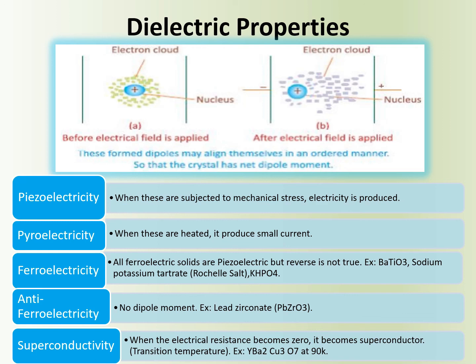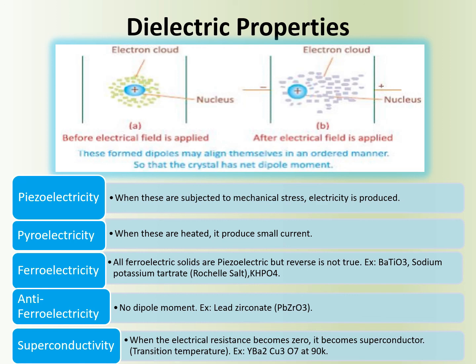That effect we call pyroelectricity. Ferroelectric solids are always piezoelectric, but the reverse is not true. Not all piezoelectric substances are ferroelectric, but all ferroelectric substances are piezoelectric. Keep in mind that ferroelectricity always has some electrical effect.